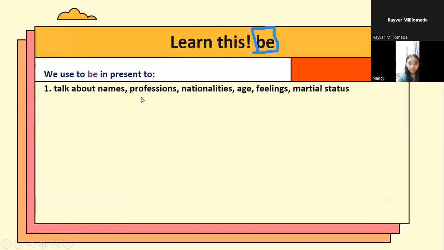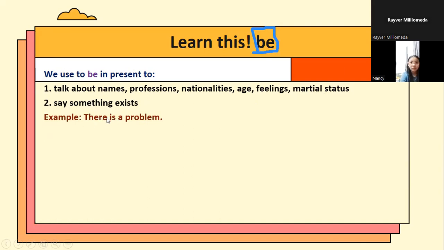Talk about names, profession, nationality, age, feelings, marital status. So we use be in the present to talk about names, profession, nationality, age, feelings, and marital status.